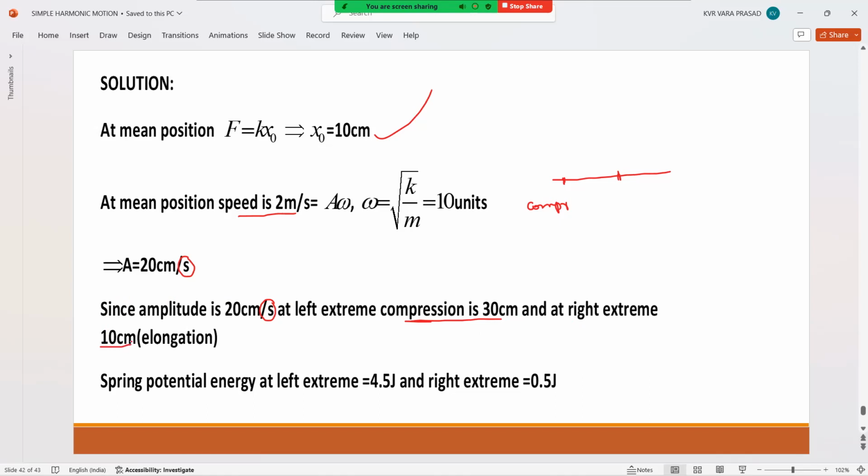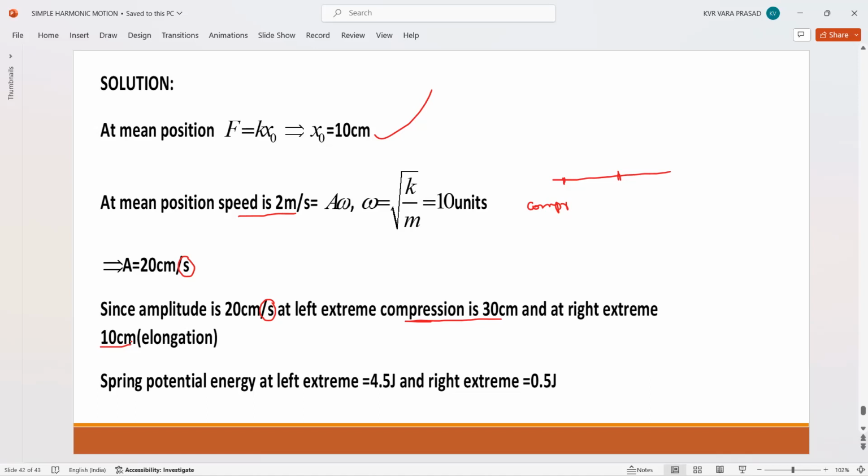Okay. I am repeating. At mean position compression 10 centimeter, amplitude is 20. That means from there block moves 20 centimeter left side. So compression becomes 30. Next, from mean position, block moves right side by 20. Therefore, elongation becomes 10.